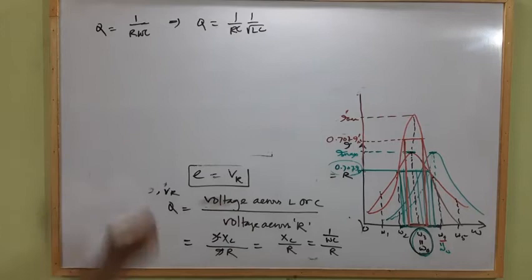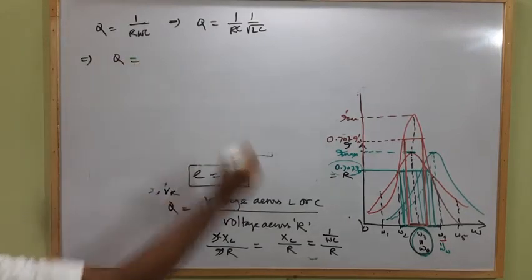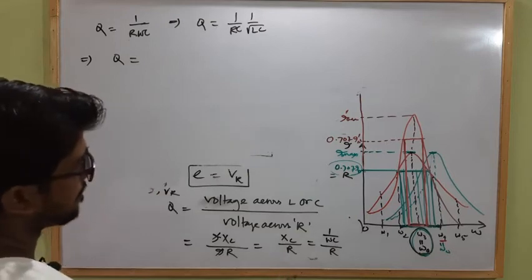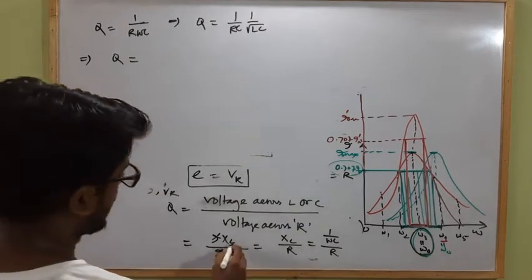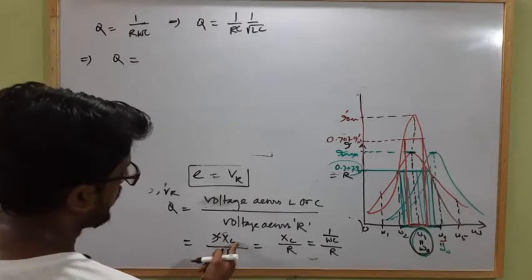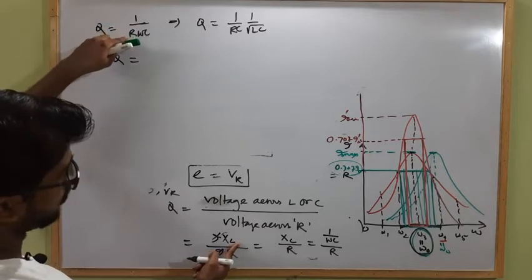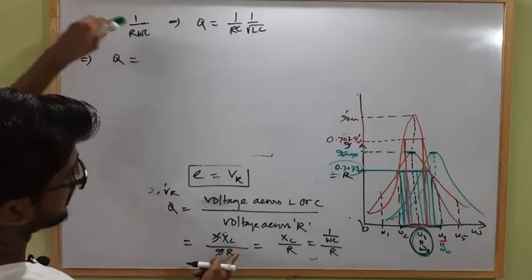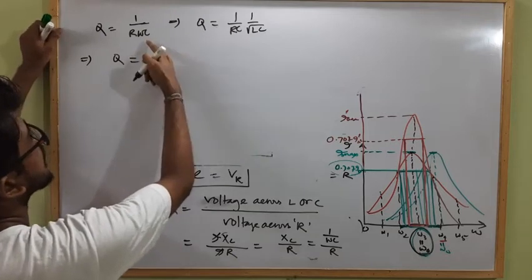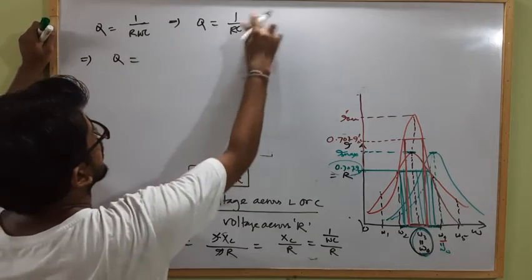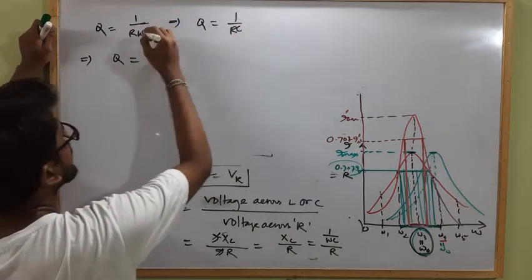Clear? So the quality factor equals, here XC equals 1 by omega C, divided by R. Omega equals 1 by root over LC.